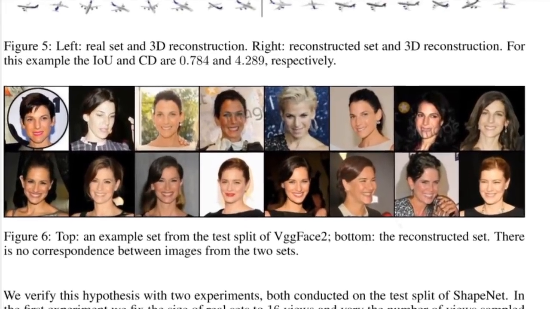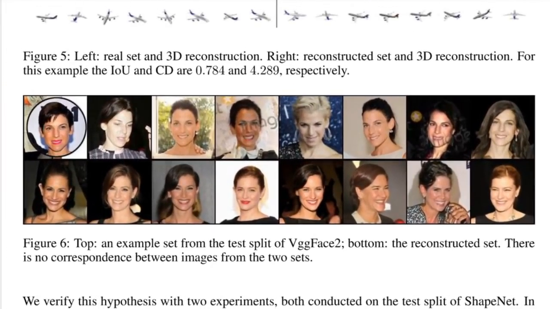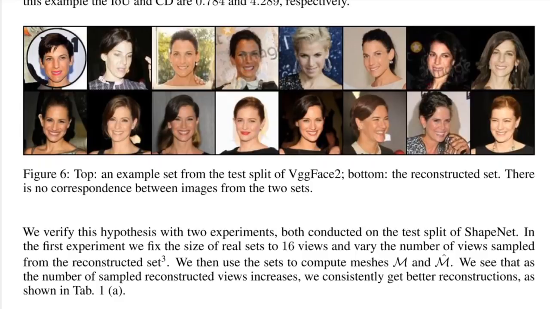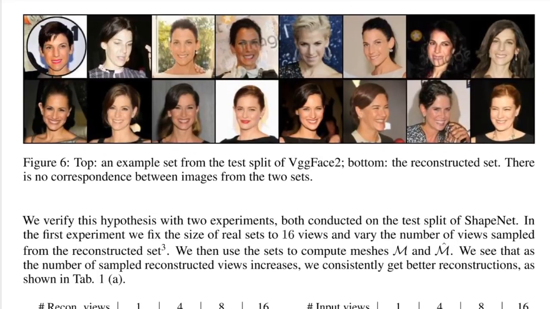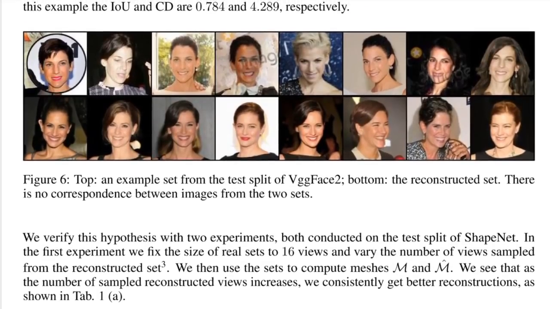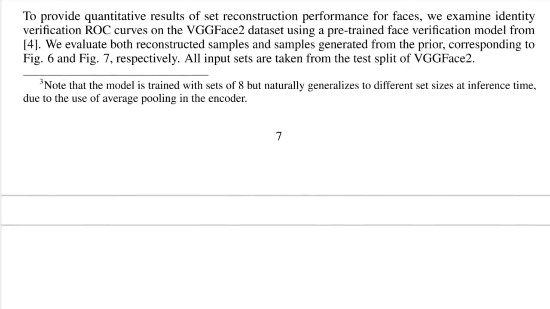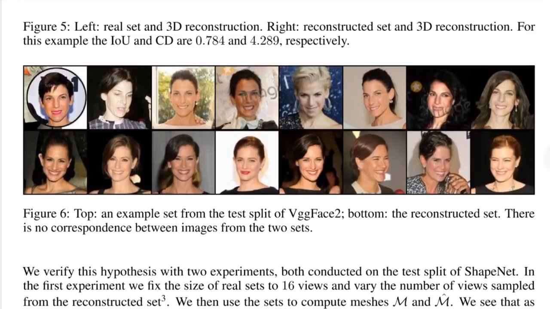In the faces, it's the same thing. You input the top row into the encoder and you get back the bottom row. We've already looked at that, but again, to evaluate this, you actually have to use some sort of face detector to recognize, is that the same person always? So you can evaluate two things.